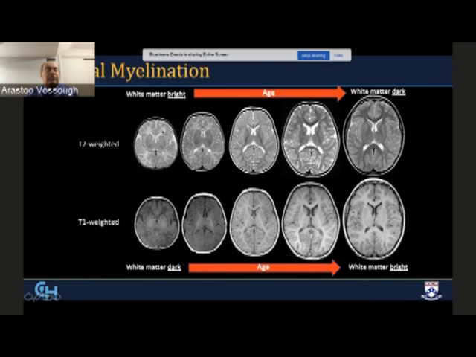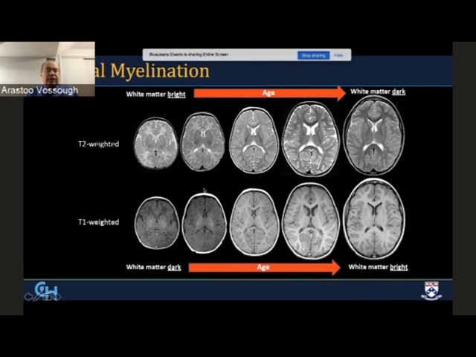In this neonate, we have very bright or hyperintense white matter on T2, and gradually it becomes darker, or relatively hypointense compared to the cortical gray matter. On T1 weighted images, it's the other way around. We start out with a normal dark white matter and gradually progress into a much more hyperintense and brighter white matter.